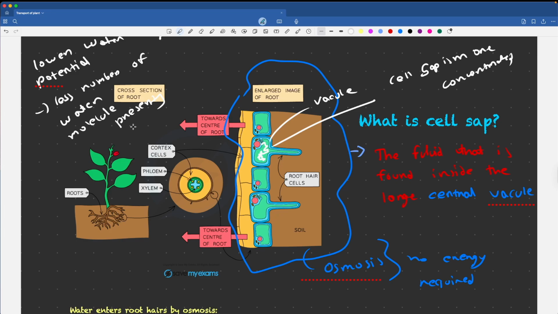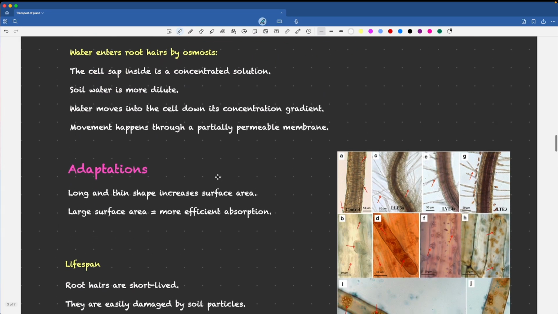So now the magic happens. As the cell sap is more concentrated, water will move into the root hair cell by osmosis. Then it will travel toward the center of the root, then into the xylem vessels. Did you guys get it?